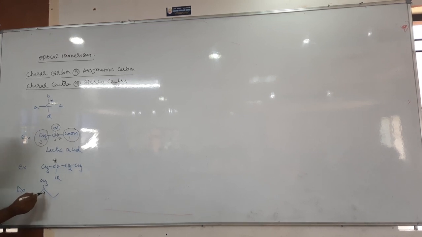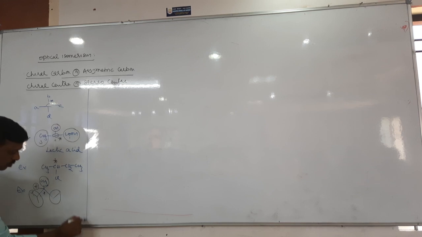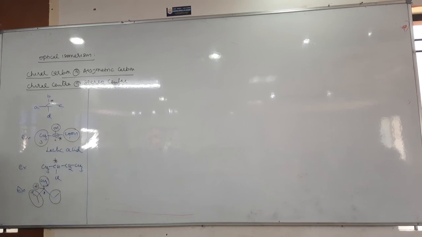This carbon can exhibit because on one side there is hydrogen, on the other side methyl, and it is a chloroethyl, just ethyl. It can exhibit optical isomerism.